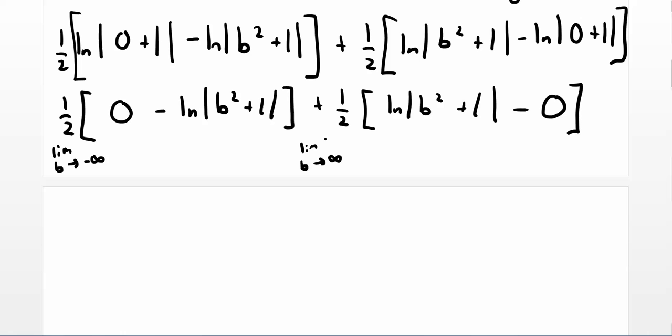Okay. So as b goes to negative infinity, this expression goes to negative infinity. And over here we have, well, I guess 1/2 times negative infinity, which is still negative infinity.